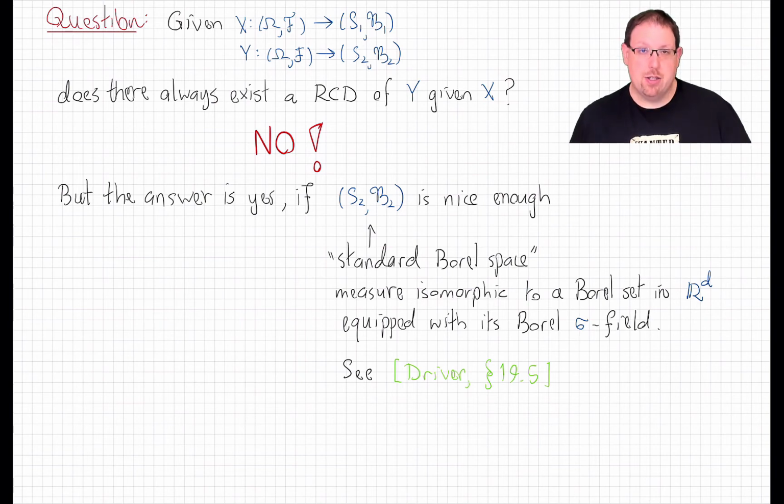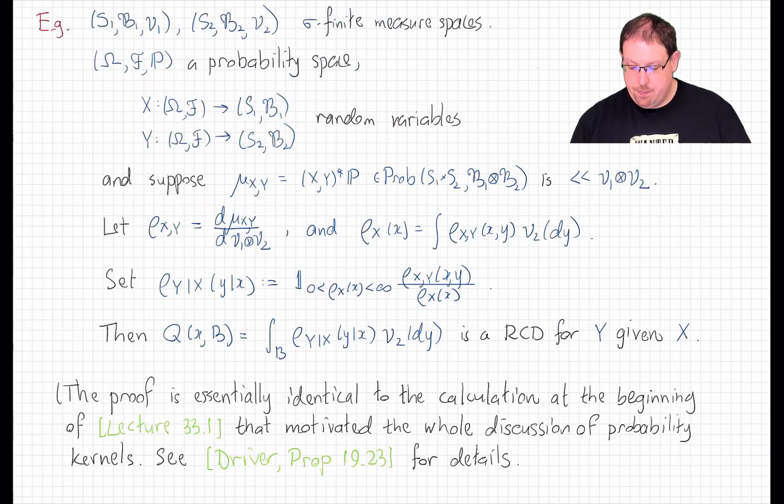Here, we'll actually start with the continuous case because we've already seen a version of it. In fact, it's what motivated the entire discussion of the last two lectures. Suppose that we have two measure spaces, and the measures don't have to be probability measures, just sigma finite measures will be fine here. That is, we're putting sigma finite measures on the two measurable spaces that are the state spaces of our random variables.